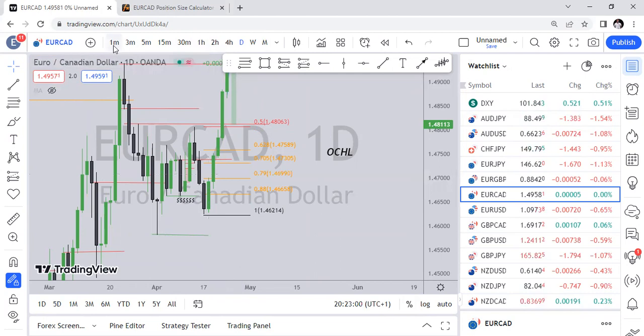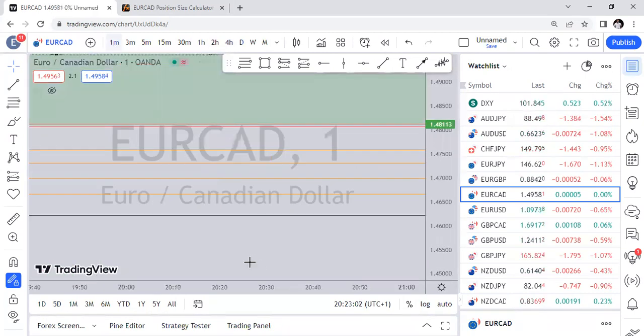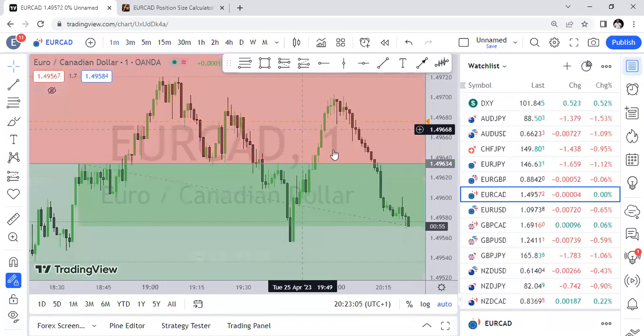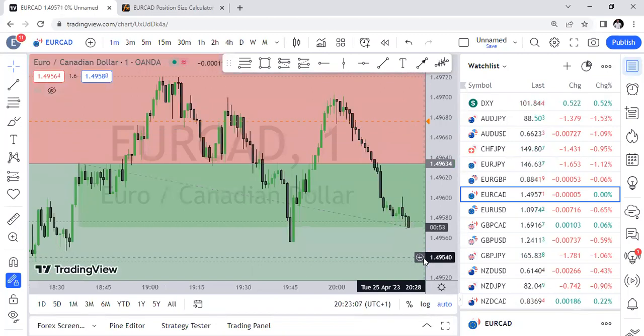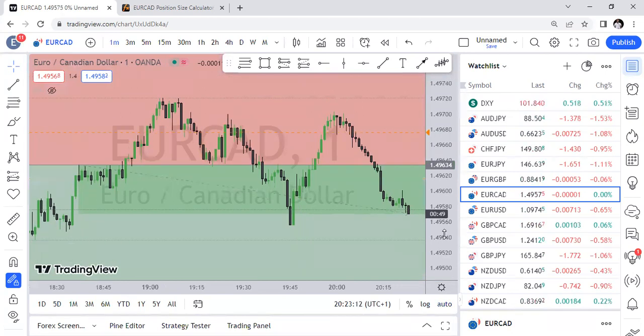So even on something as simple as the 1 minute time frame, the same thing still plays out. At the end of every 1 minute, a new candle will start forming.